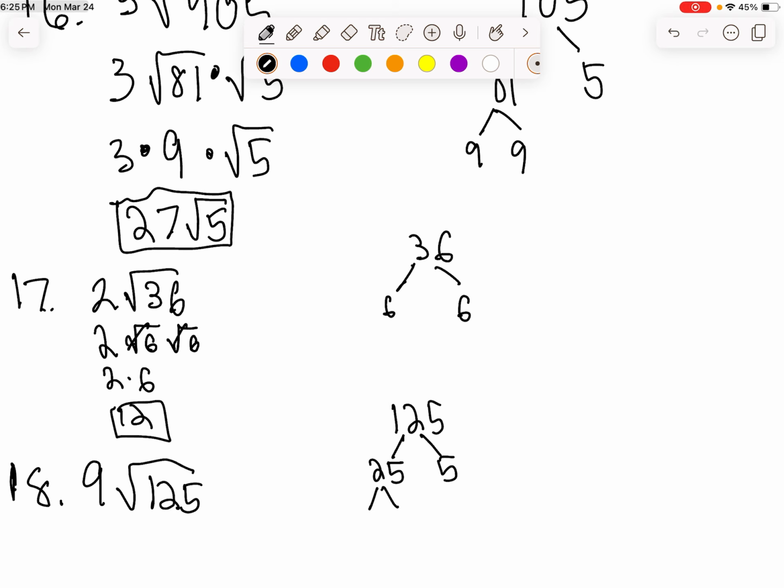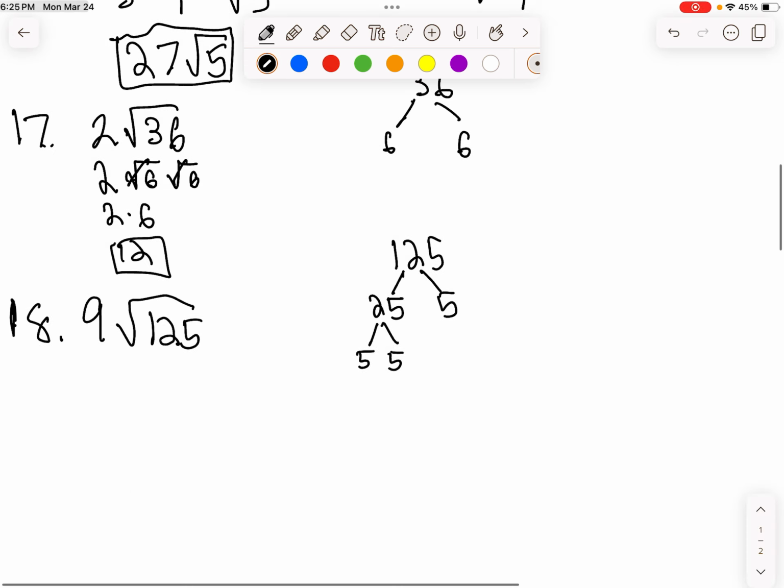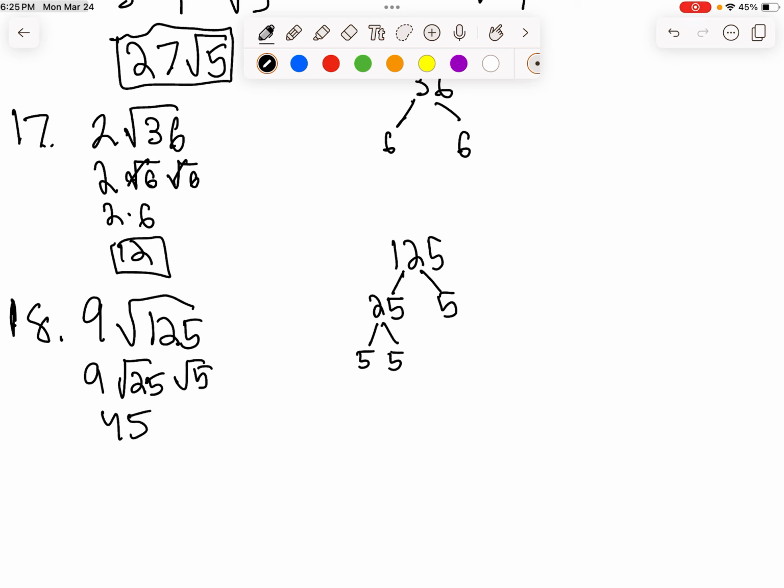Square root of 25 makes more sense because it's just 5 times 5. So if we break it up into 25 and 5, the square root of 25 will give you 5. 5 times 9, 45 times this square root of 5 that we didn't do anything with. Another box.